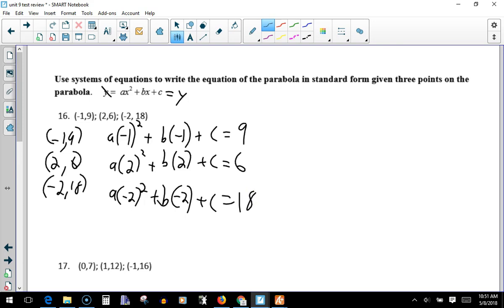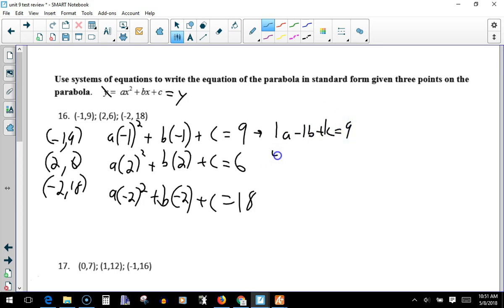Now, what that gives us is -1 squared. Remember, it's +1. Let's be smart in the calculator. So that's going to be 1a minus 1b plus c, always 1c, equals 9.